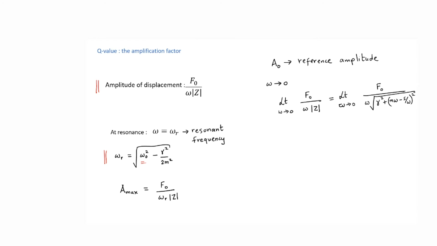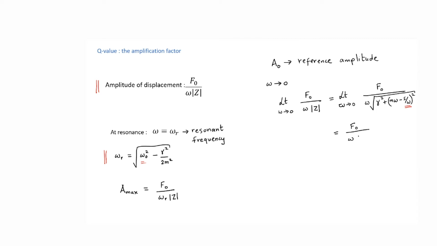So, you take the limit that driving frequency tends to 0 for the amplitude of displacement. Now, when you take the limit omega tending to 0, among the various terms under the square root, the one with omega in the denominator, this term, would be the most dominating term, because you are taking the limit of very small omega. This expression would simply be f 0 by omega into, and in comparison with s by omega, gamma square would be small, so we can neglect that.